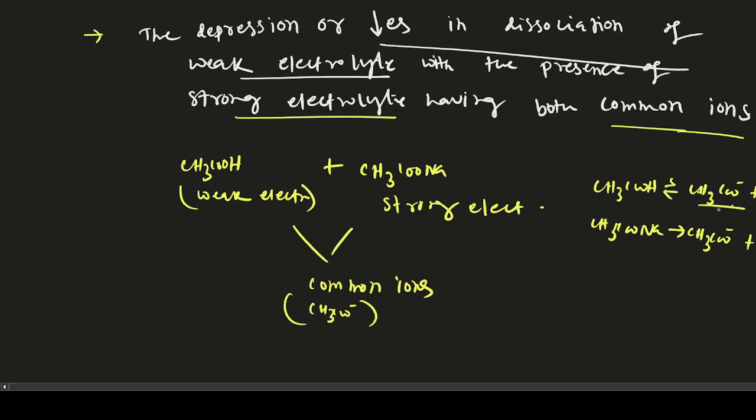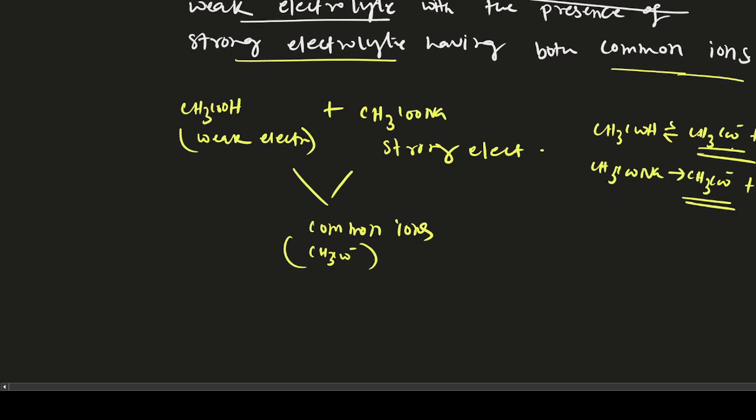So between CH3COOH and CH3COONa, CH3COO minus is the common ion. So in solution, if you have a weak electrolyte and a strong electrolyte, and they have a common ion between them, then the effect comes, that is the common ion effect. This is called the common ion effect.